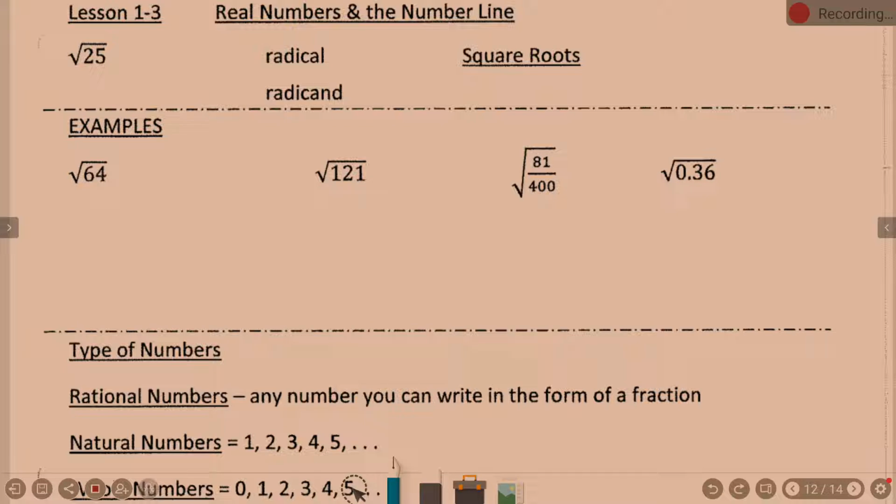Lesson 1.3 is real numbers and the number line. And some of what you'll see here is square roots. As we look at square roots, you remember what it means to be a square root?